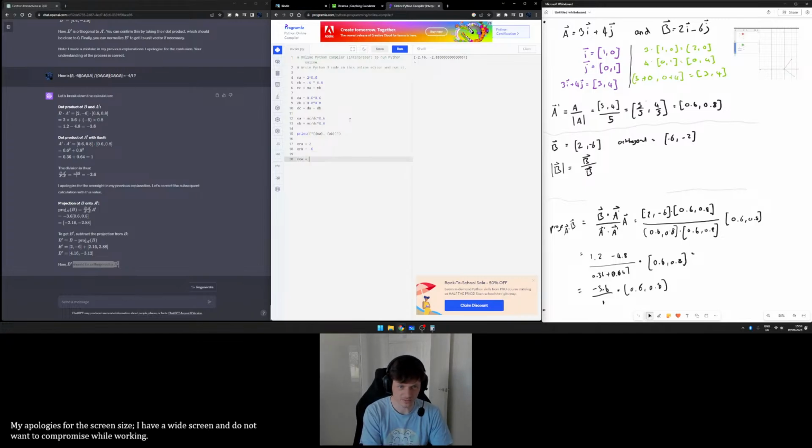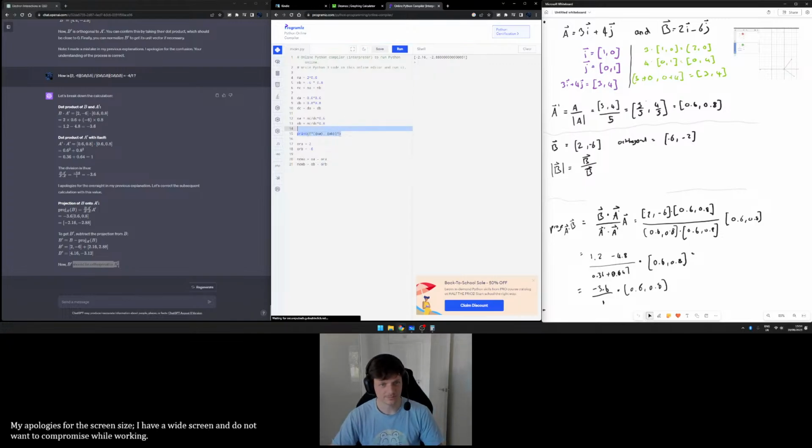New A equals OA minus original A. New B equals OB minus original B. And then we'll print that.